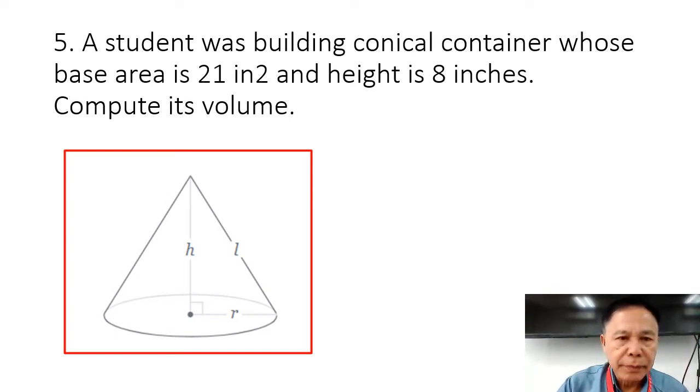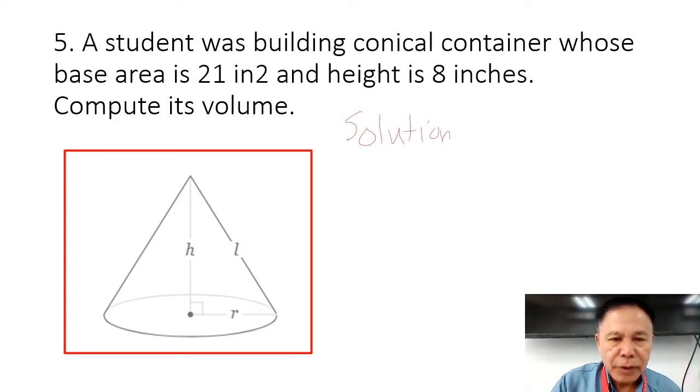A student was building a conical container whose base area is 21 inches squared and height is 8 inches. Find the volume. The solution is volume equals 1/3 BH, so volume equals 1/3 area of the base times height.